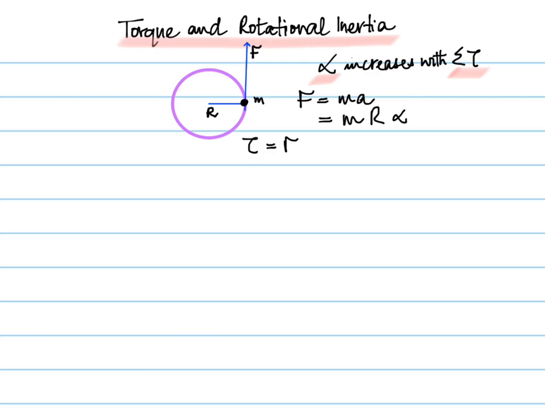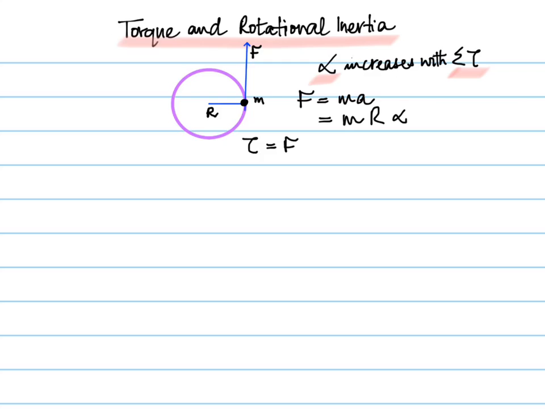If you take dv by dt, what's the constant here? Radius. It doesn't change. So you have d omega by dt. What is dv by dt? a, which is r alpha. Simple. So a is r times alpha.